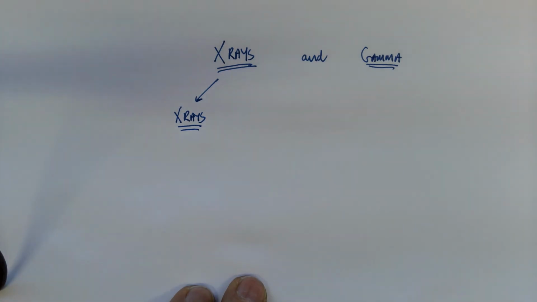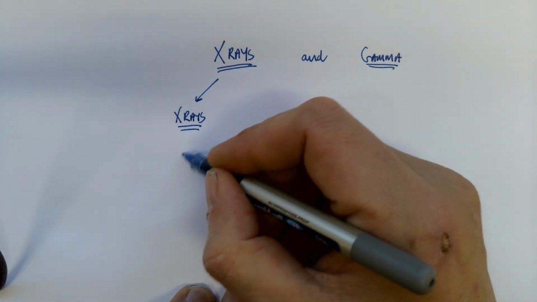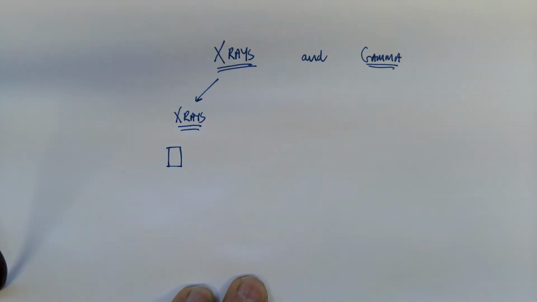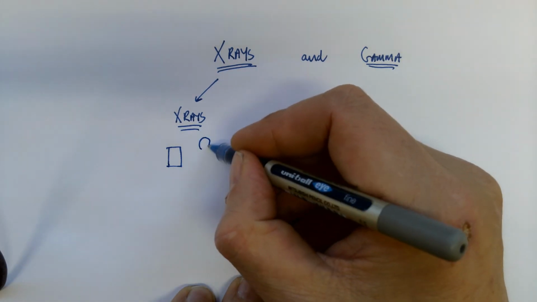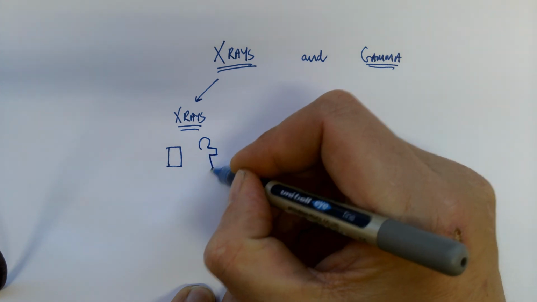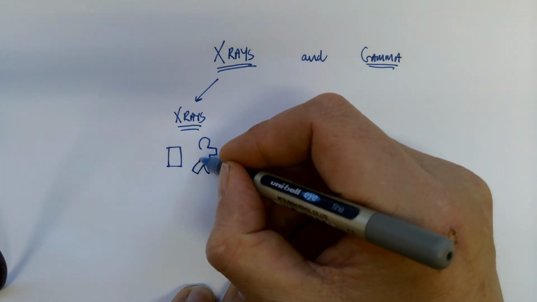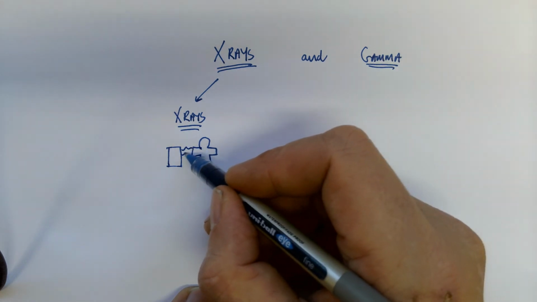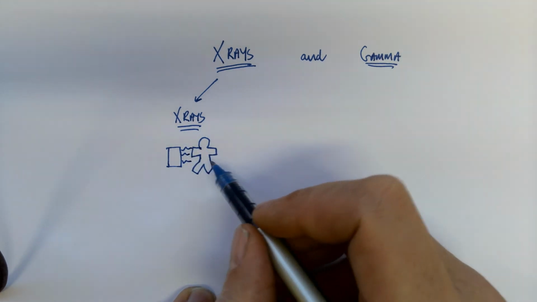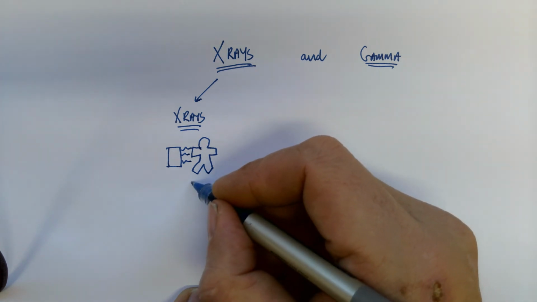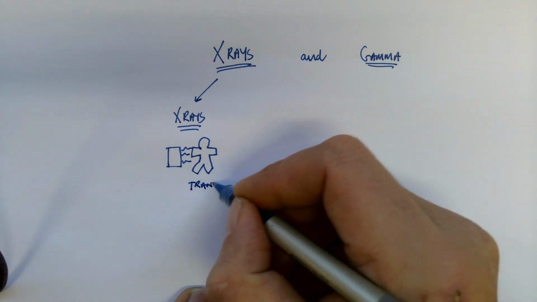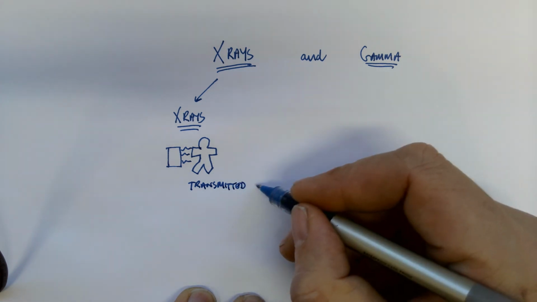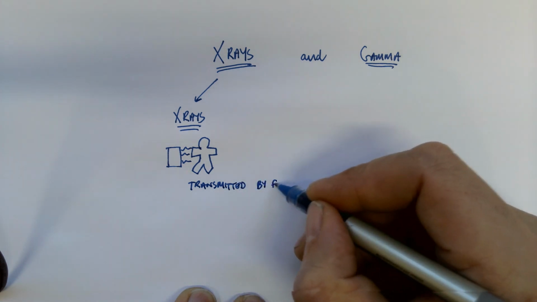Now, the way that works is that you have a source, something that gives off X-rays, and then you stand in the way. Sorry about the quality of the drawing. And the X-rays that come through here basically get transmitted by your flesh.